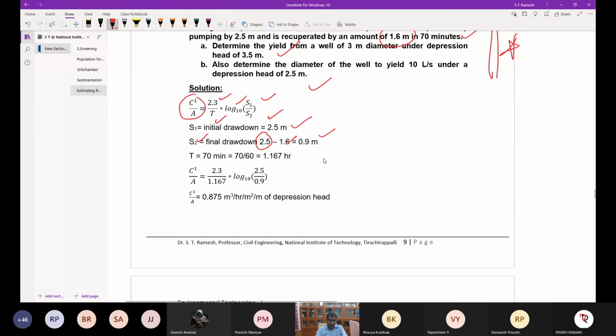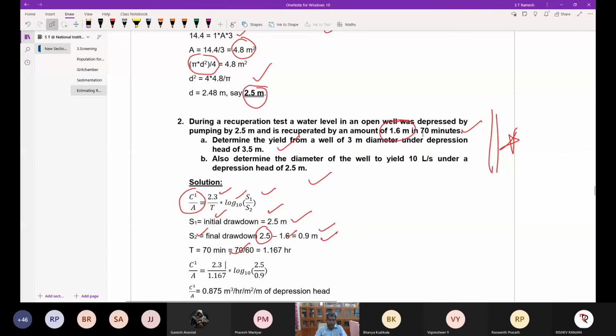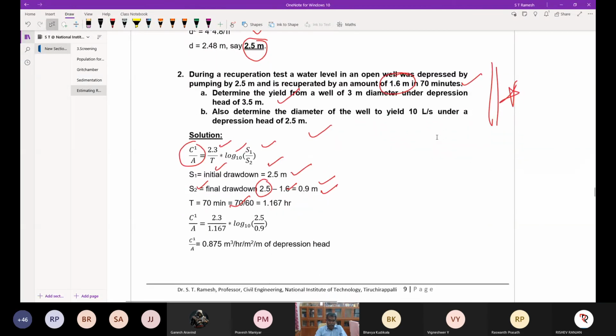So S2 is equal to 0.9 meter and T is equal to 70 minutes, which you convert to hours, that is 1.167 hours. By knowing all other parameters, you can calculate C dash by A. Here it is 0.875 meter cube per hour per meter square per meter of depression head. Is it okay?